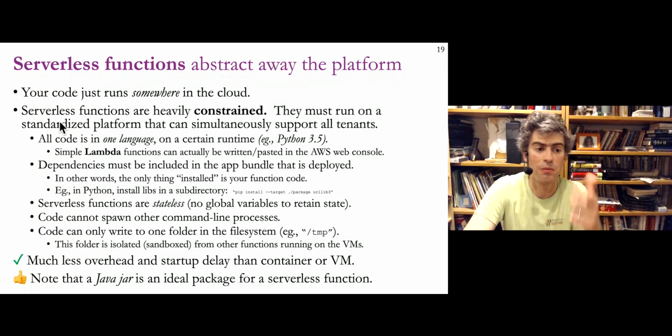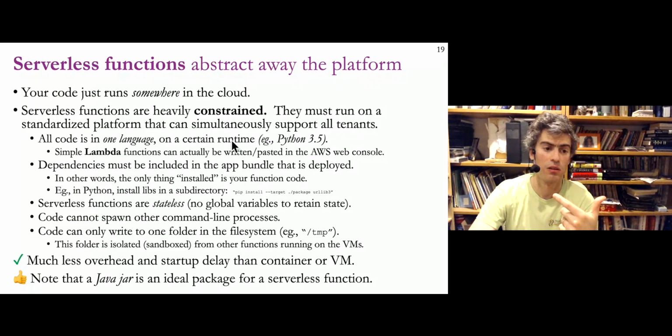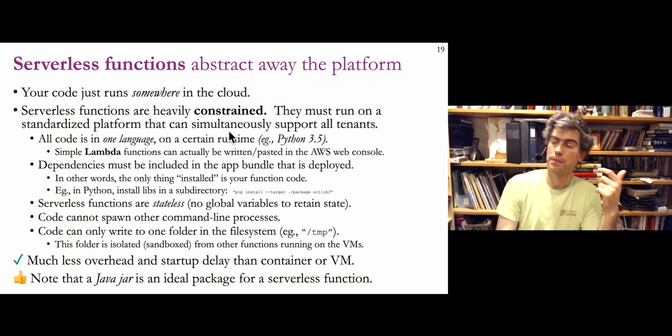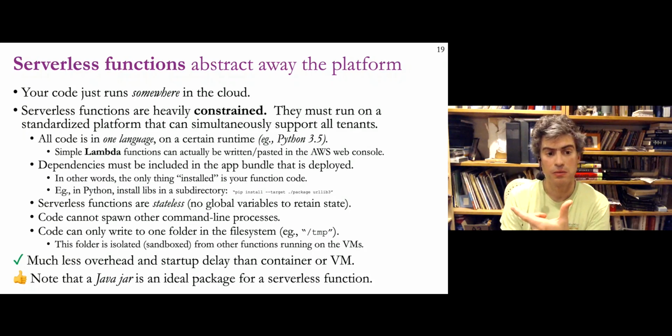The reason is that you want to use a generic infrastructure that should support lots of different tenants. Because of that, it has to be standardized. If you want to use this shared infrastructure that has supposedly infinite capacity, that platform has to have a standardized environment that anyone can use. It can't be customized.